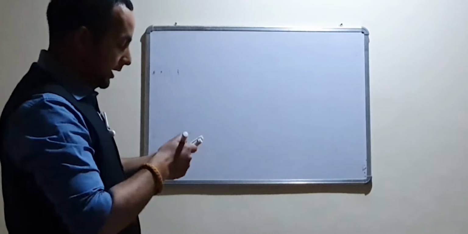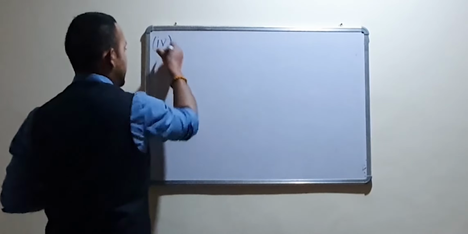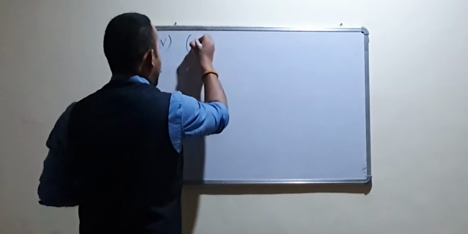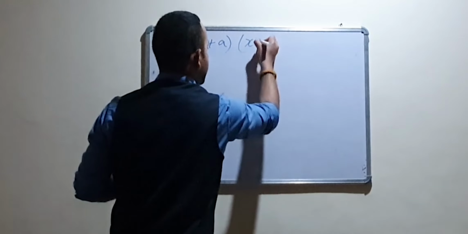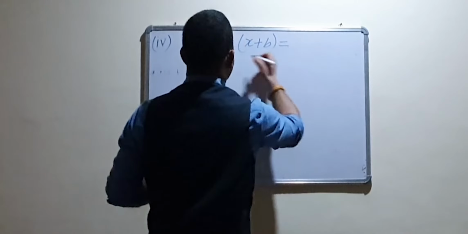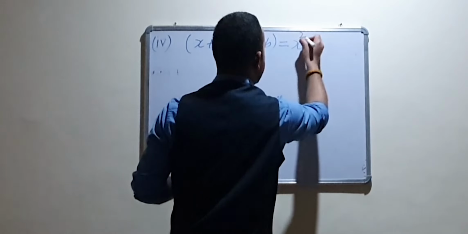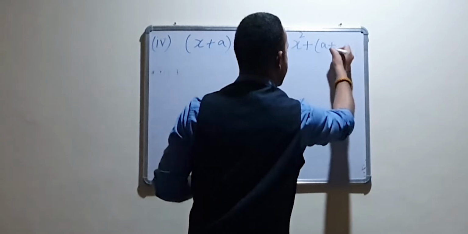Okay, our fourth identity, the last identity, is (x plus a)(x plus b), which means x square plus (a plus b).